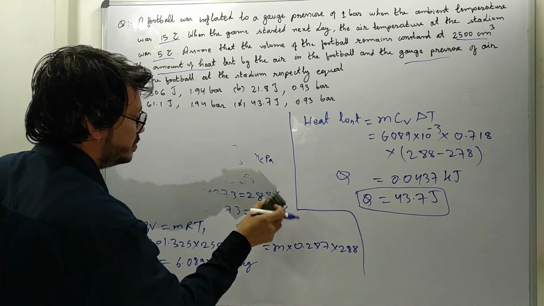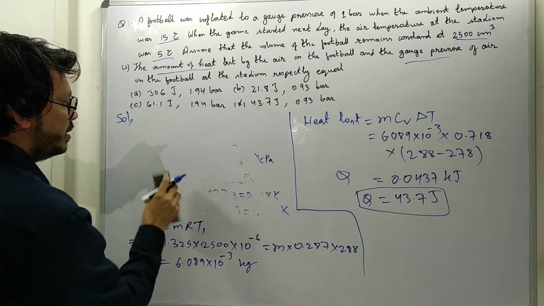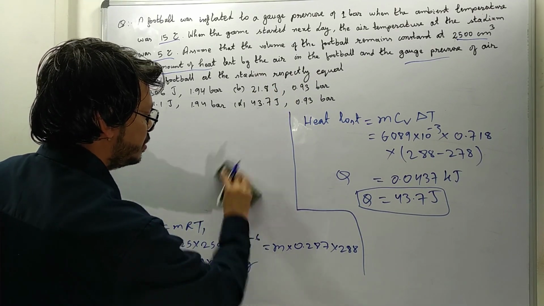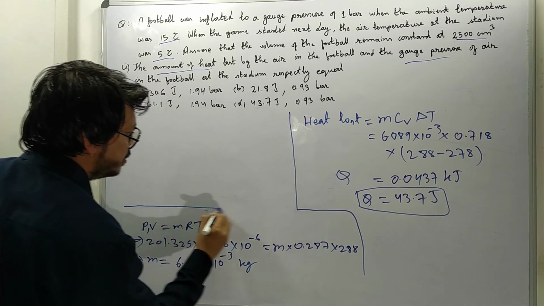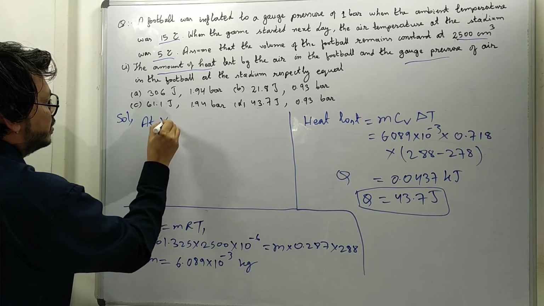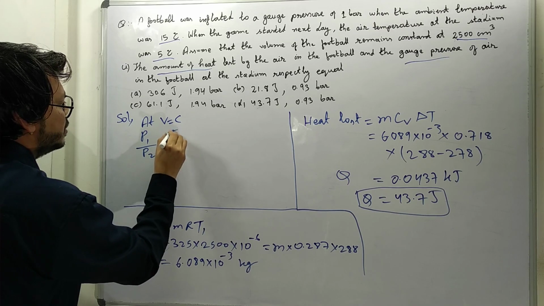Now the second part, which is the gauge pressure of air, we have to find that. So at V equals constant, we have P1 by P2 is equal to T1 by T2.